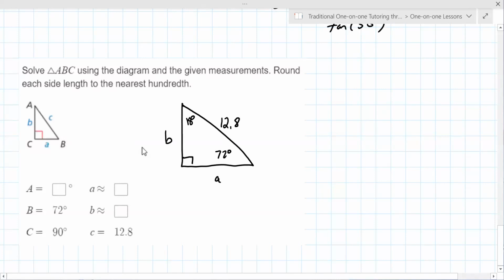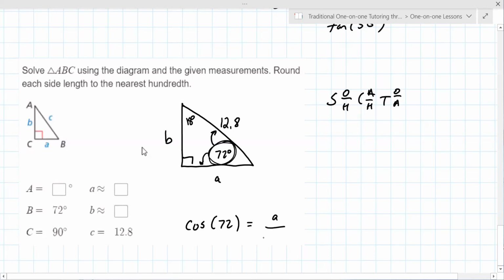So to find A, relative to this angle right here, A is the adjacent, and we have the hypotenuse. So CAH. Which of these three is the adjacent and the hypotenuse? It's cosine. So we write cosine 72 equals the adjacent over 12.8.